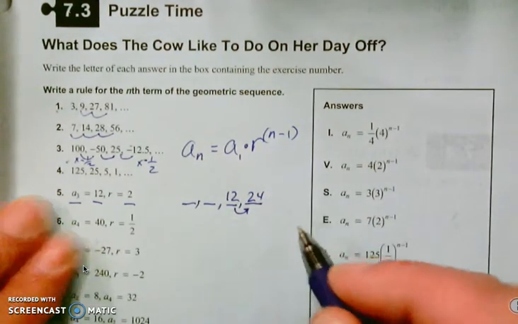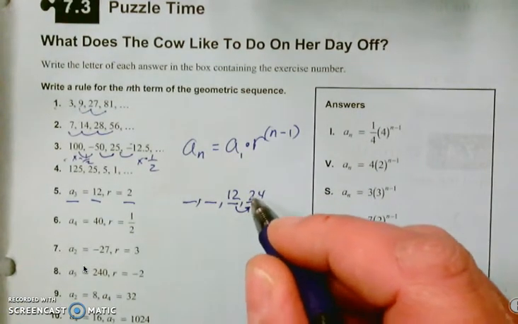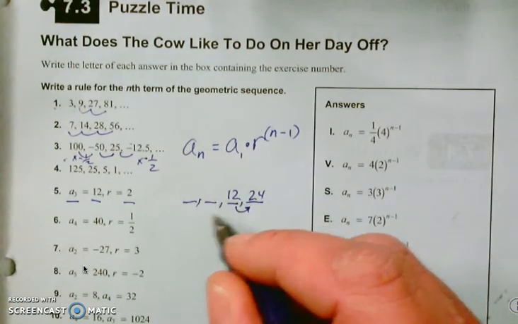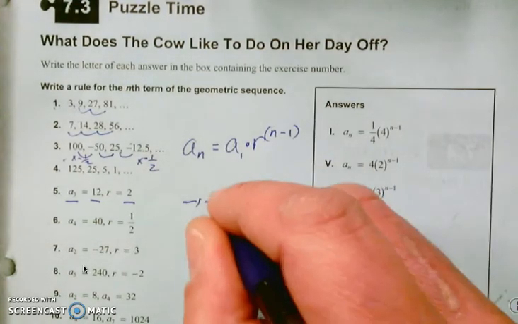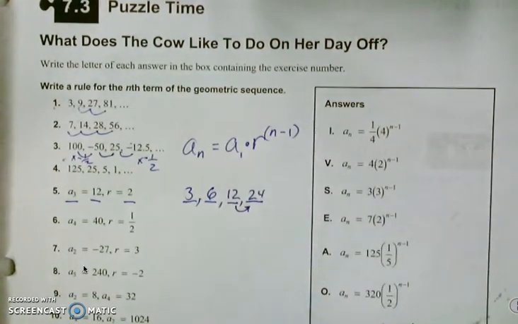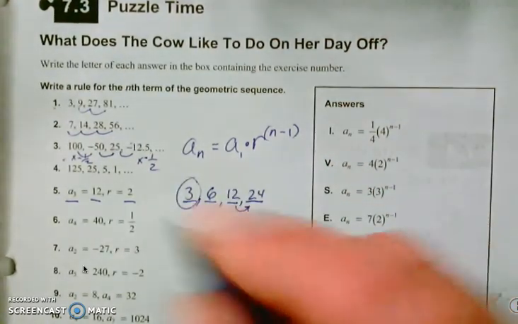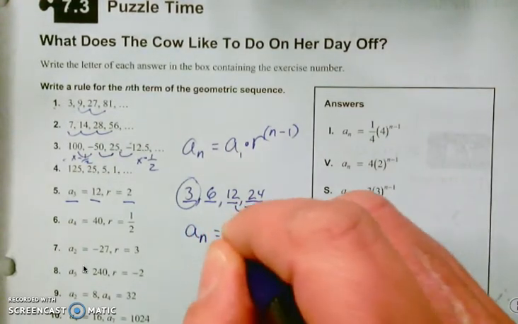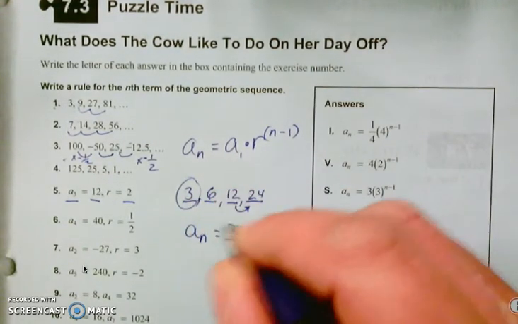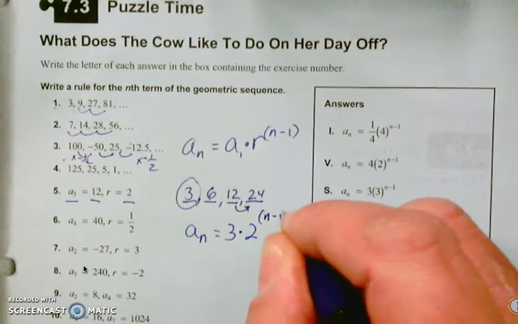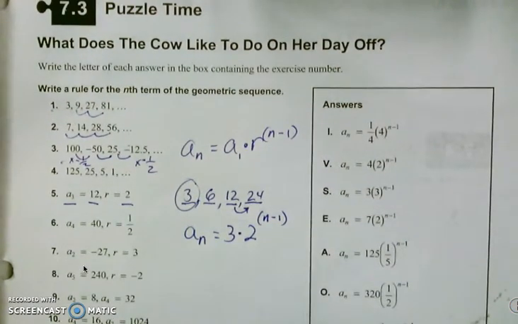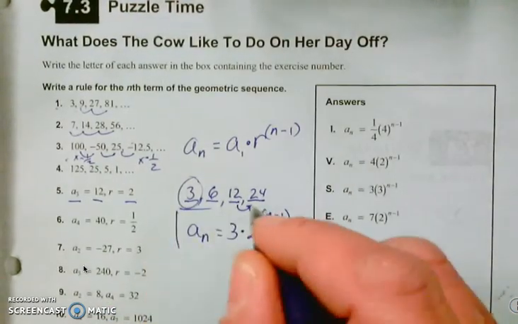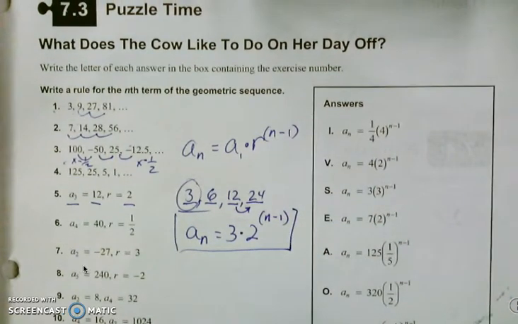Then times 2, times 2. Working backwards would be dividing by 2. So dividing by 2 would give us 6, dividing by 2 would give us 3. That's our first term. So now we can say it's 3 times 2, and it does it n minus 1 times. That would be our formula right here.